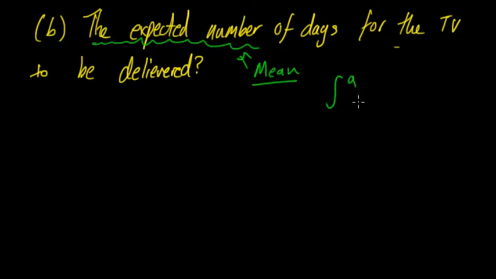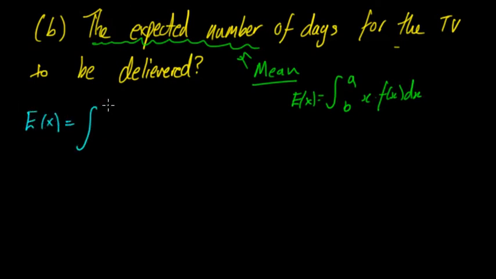Well, the formula is the integral from a to b of x times f(x) dx, and that is equal to E(X). So we just sub this formula in and we can get the mean. So the expected number is equal to, up here, which is the top, which was 9, to 1, x times x on 40 dx.